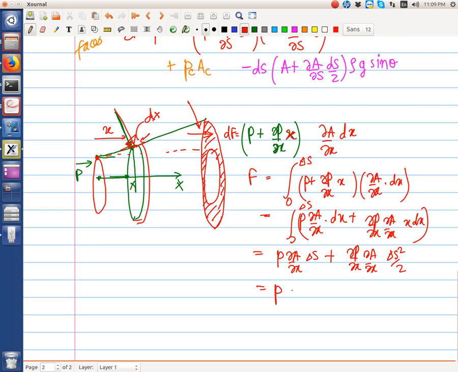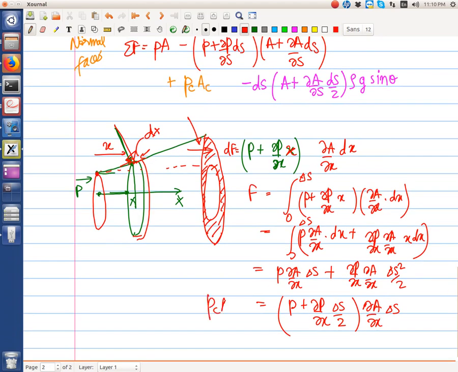So this is equal to P plus del P del x delta s by 2, multiplied by del A del x delta s. Okay, so this is PC into AC.